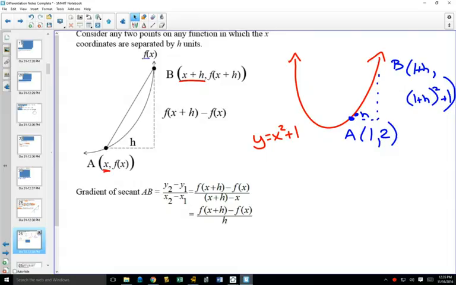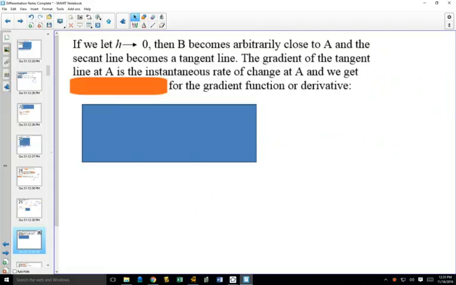And that slope of your secant is f of x plus h minus f of x over h. If we let h be 0, as close as we want to A, then that secant line becomes our tangent line.